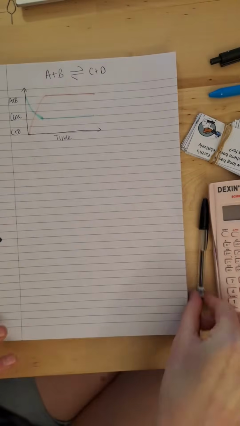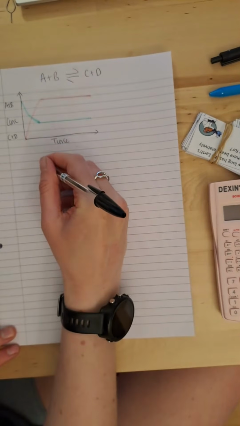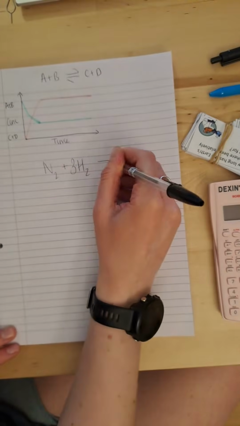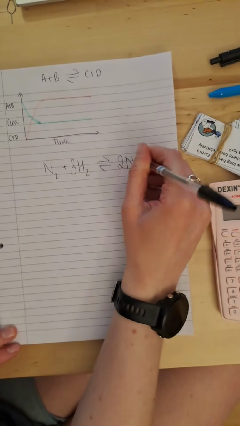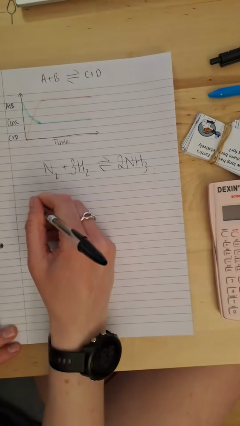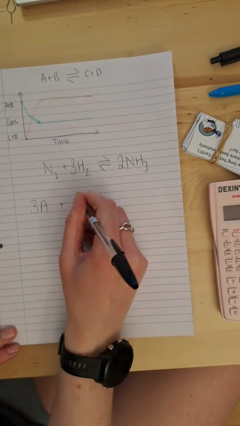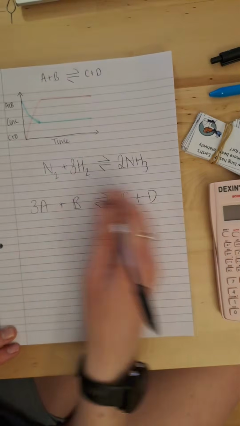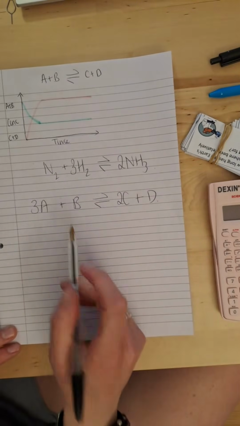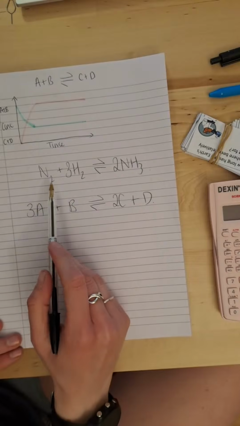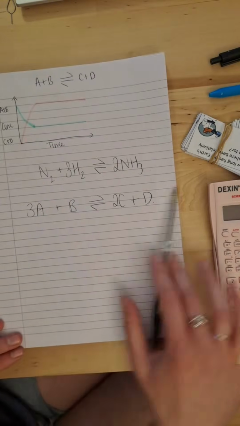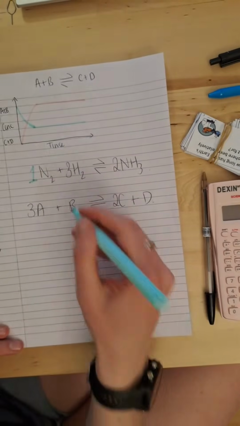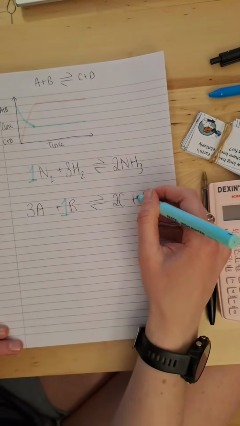Okay, so to the people who are asking, how do we count the gases? Let's just have a couple of other examples quickly so you can see what we mean. So we're literally looking at the coefficients and remembering, of course, that chemists are lazy and we don't write the number 1, but really there is a number 1 there and there is a number 1 there and there is a number 1 there.